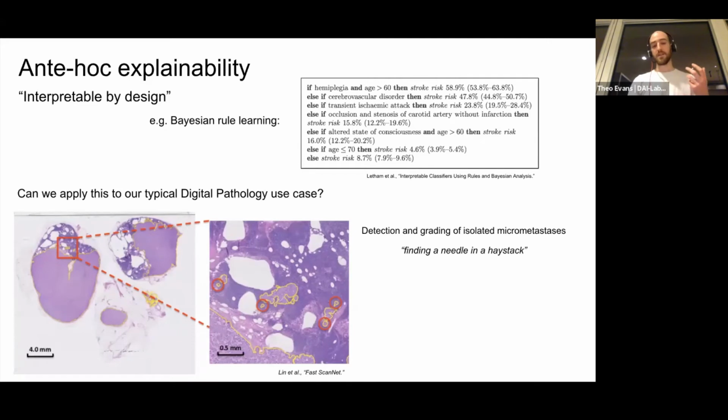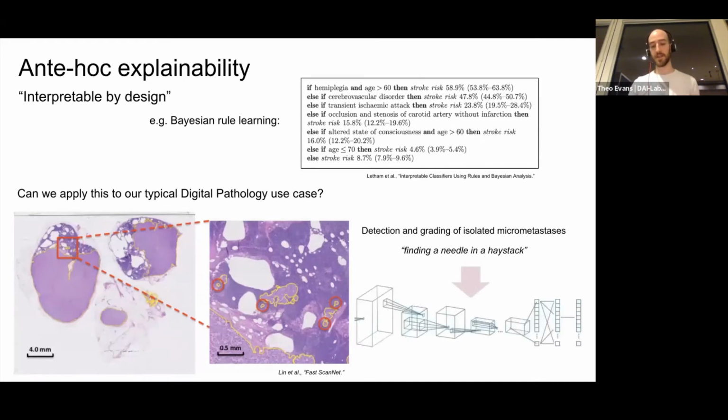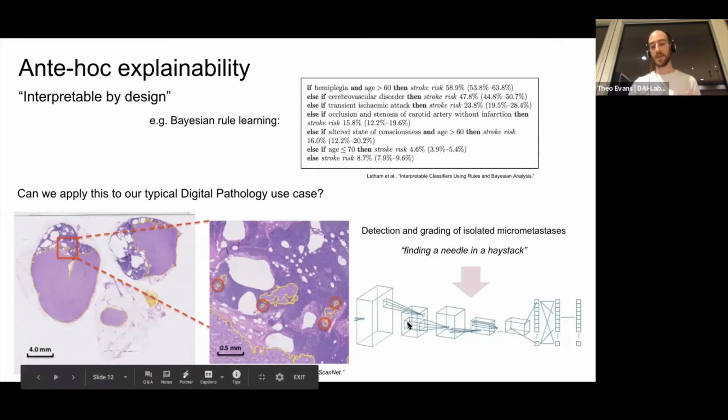And as you might imagine, the kinds of machine learning architectures that are suitable for these kinds of tasks are almost exclusively convolutional neural networks or something similar. And these are inherently deep neural networks, and it's very hard to imagine how we can make such deep neural networks inherently interpretable.